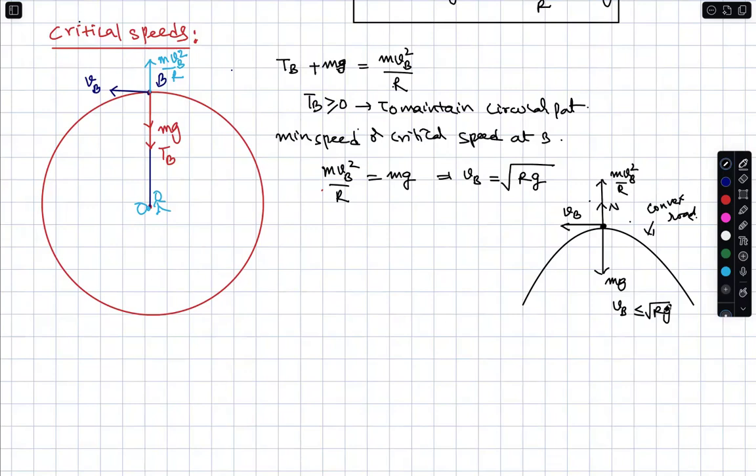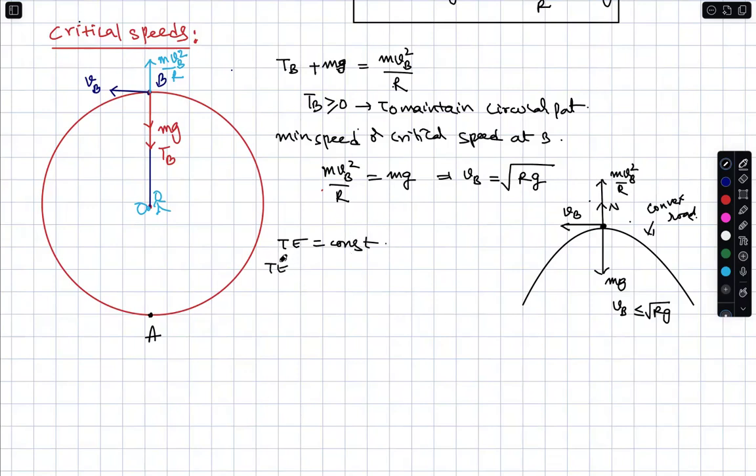Right. I have convinced you of the condition at B. Suppose the minimum speed root RG I will maintain at the top. Now it is moving. When it reaches point A over here, what happens? Once you give me that clarity, I will apply total energy is a constant.